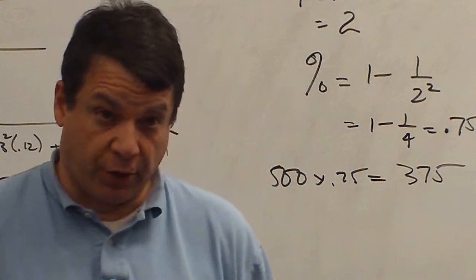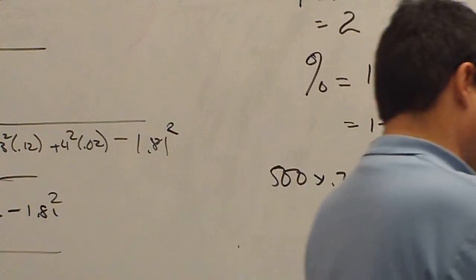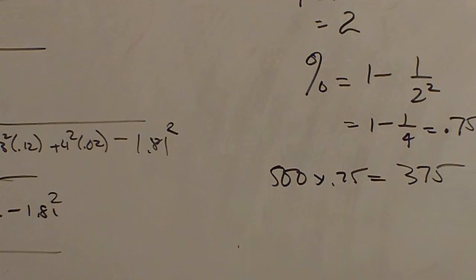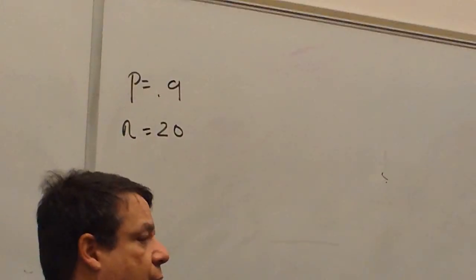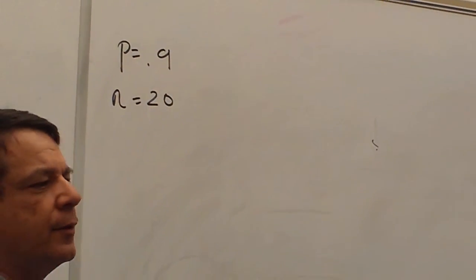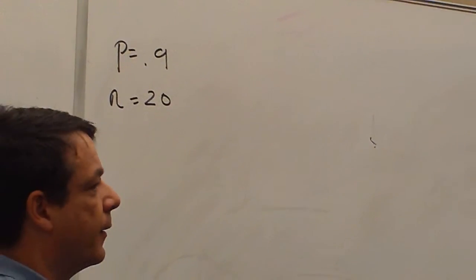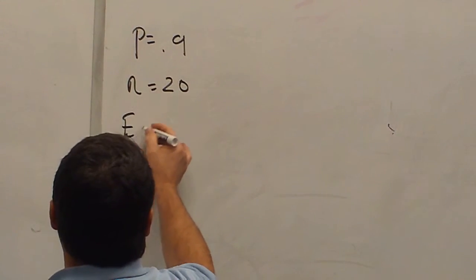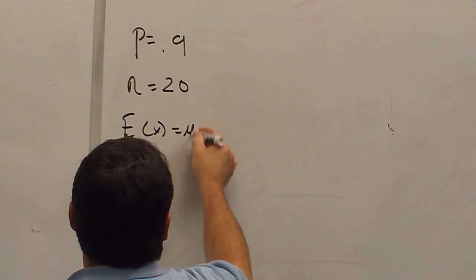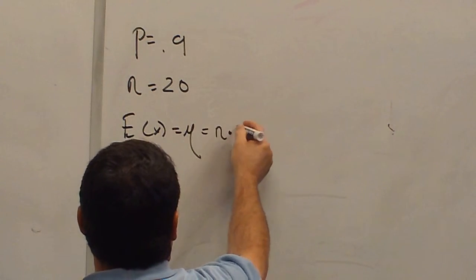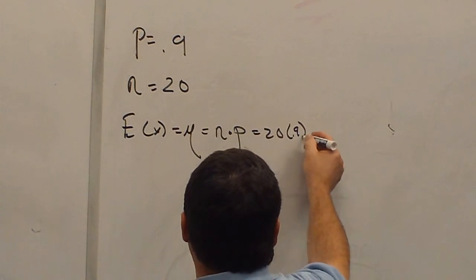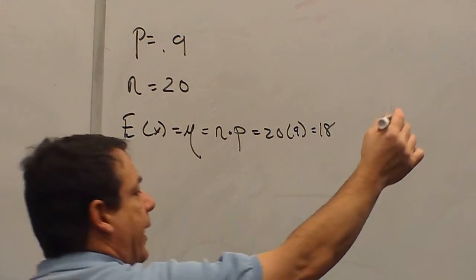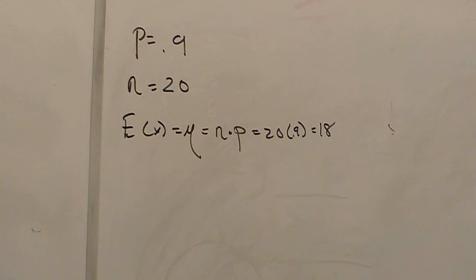Either you purchase it or you don't. We have 20 people randomly selected. How do we find the expected value? The expected value is the mean. How do we find the mean? n times p, which in this case is 20 times 0.9, or simply 18.